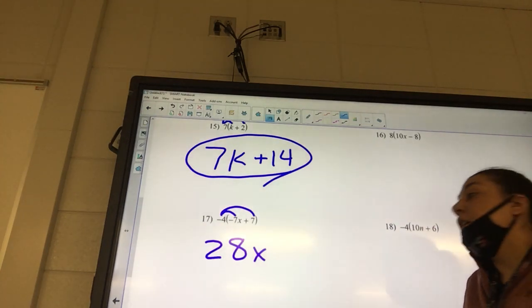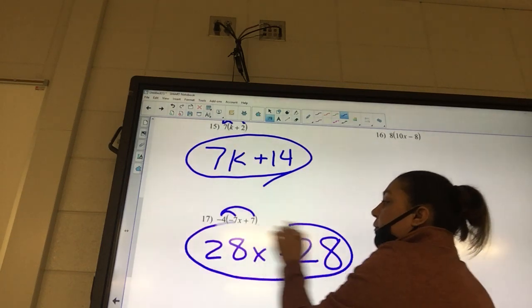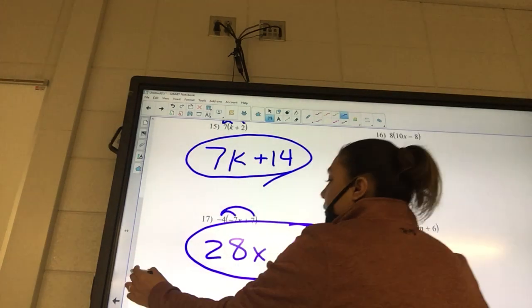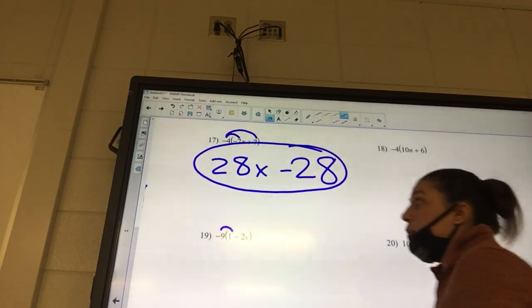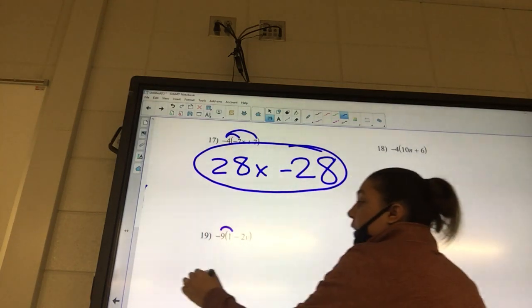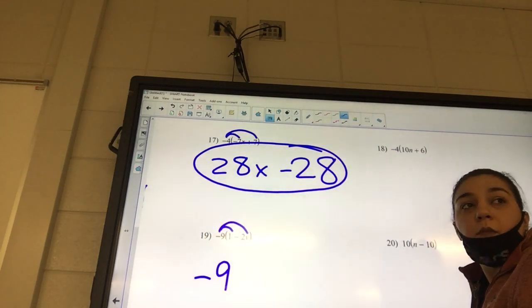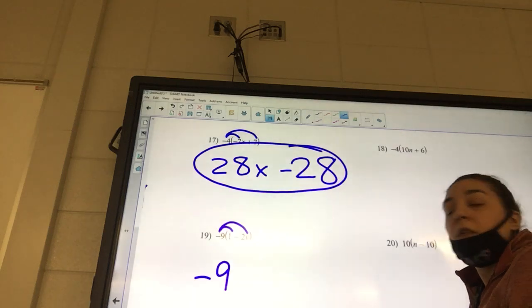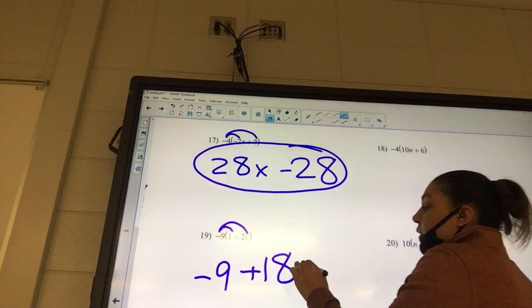It's going to be a negative 28. Negative 9 times 1. Negative 9. Negative 9 times negative 2. Negative 18? What's the negative times the negative? Positive 18. How many b's? 1.